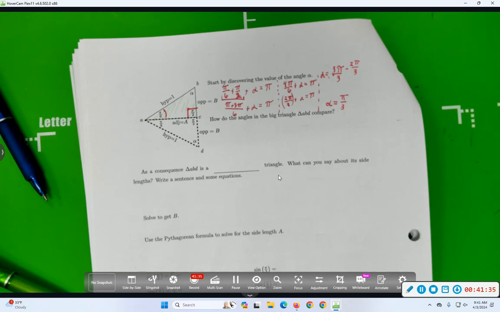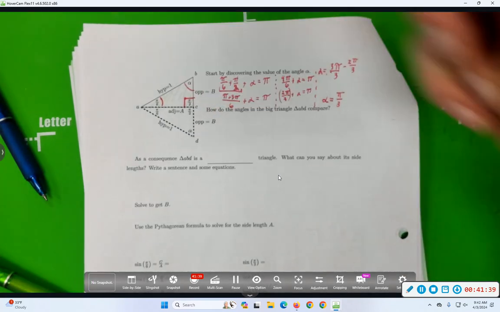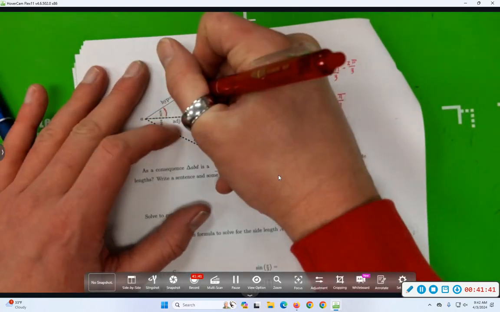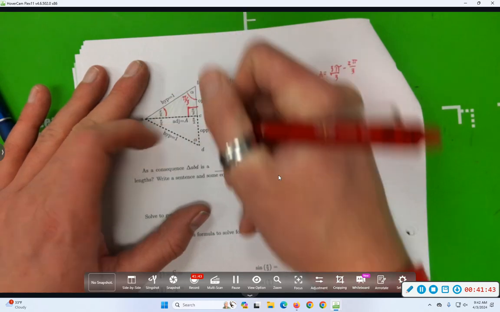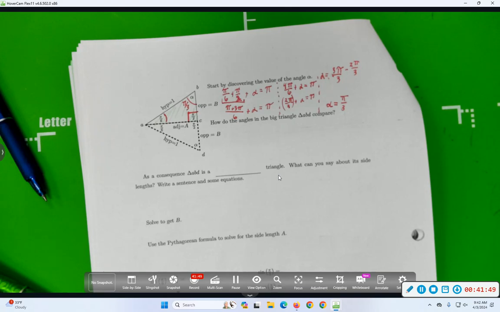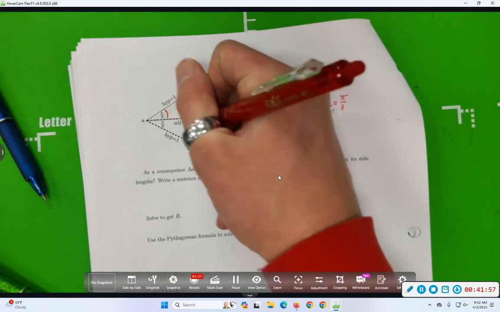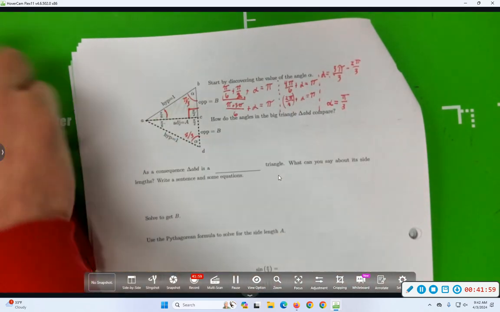All right. So that tells you what this angle alpha is. It is pi over 3. And now, this triangle underneath is the exact same triangle as above, but just reflected over the line AC. So that means this angle is also pi over 3. That angle is also pi over 6.